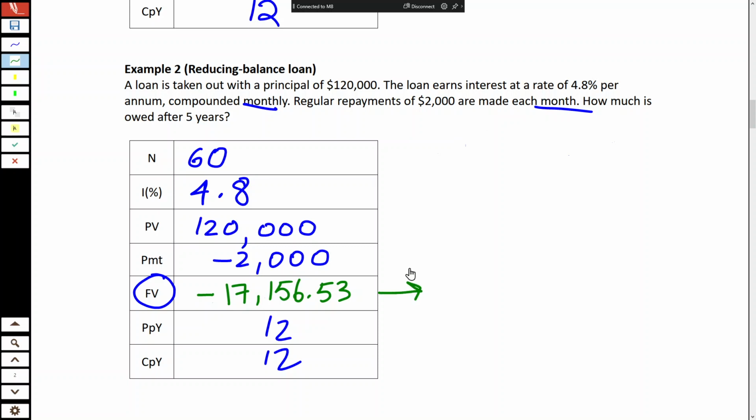It can be a bit confusing if you're doing this for the first time to get a negative answer. What does it mean to get a negative value for FV? I need to pay the bank. Money is flowing from me to the bank if I settle everything. So here, this means I owe the bank 17K. I haven't paid off the whole loan yet. I paid off most of it, but still 17,000 left.